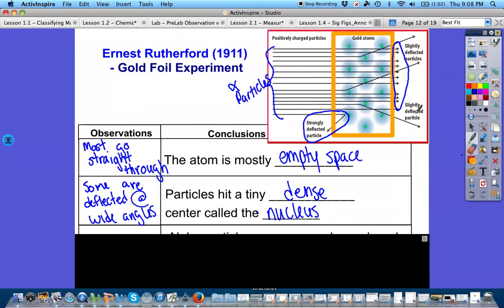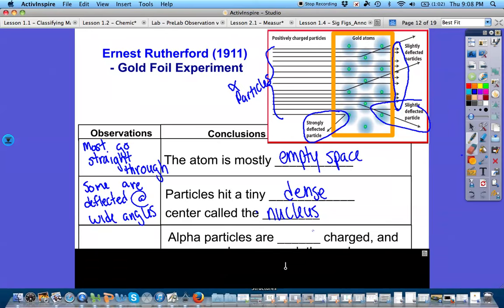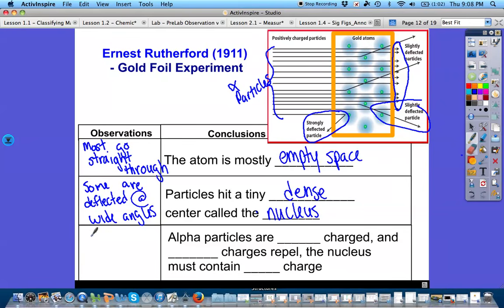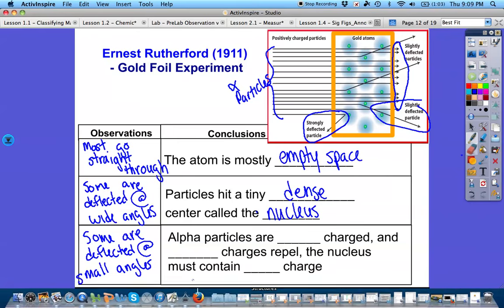And then the third thing that he observed is that some of the alpha particles were deflected at small angles. So from this, he concluded that the alpha particles are positively charged.